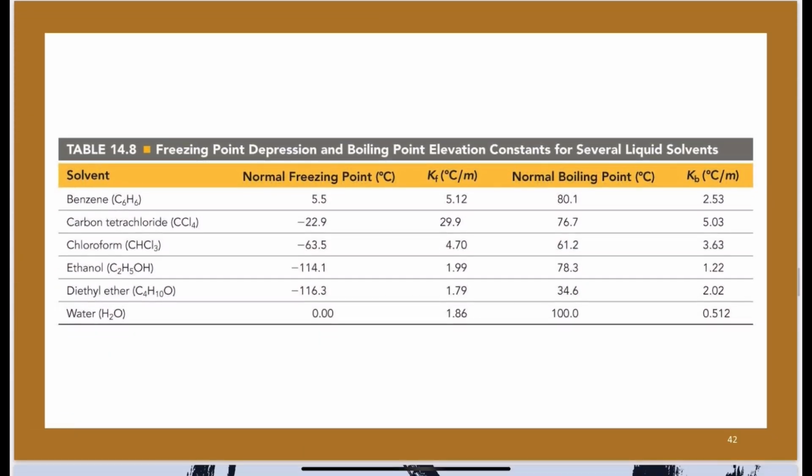And you can see here some freezing points and boiling points of common compounds. Why do I care? Because sometimes you're going to need these in examples. So like benzene, its normal freezing point is 5.5. Its Kf value, again, Kf is your freezing point depression constant.